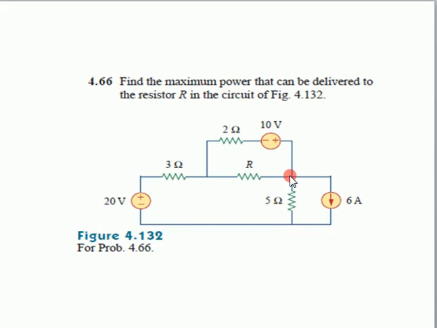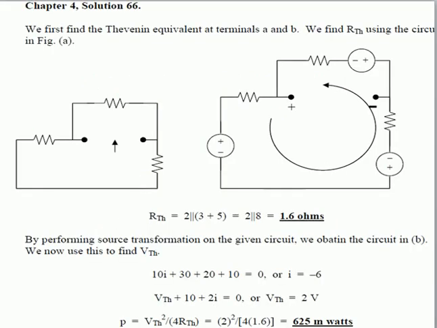So first of all, we will remove this resistor R from here, and we have to find out the value of RThevenin. So this voltage source will be short circuited, this voltage source will also be short circuited, and this current source will be open circuited. By doing this, we will get the resultant circuit as this.